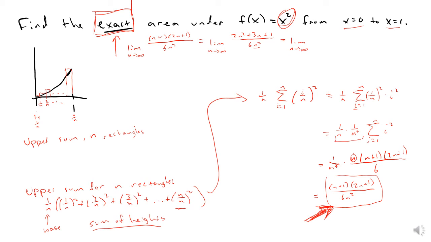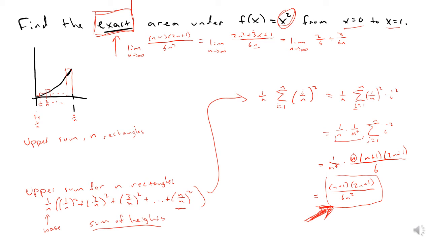That would be 2 over 6 plus 3n over 6n squared. That would be 3 over 6n, because here when I'm looking at 3n over 6n squared, the n's cancel and leave you with just n to the first power on the bottom.